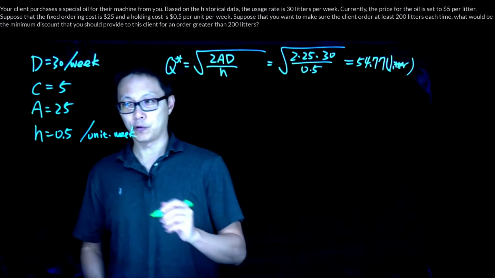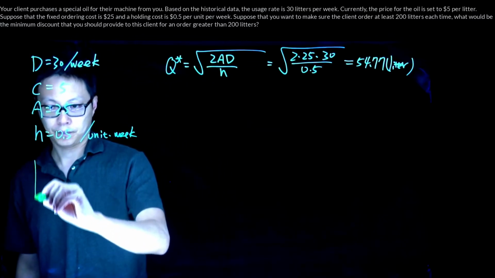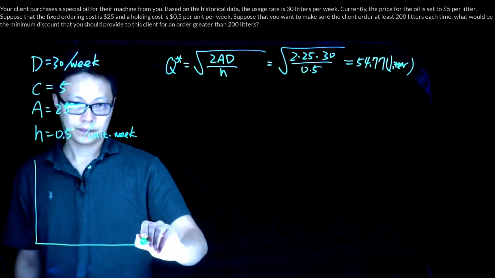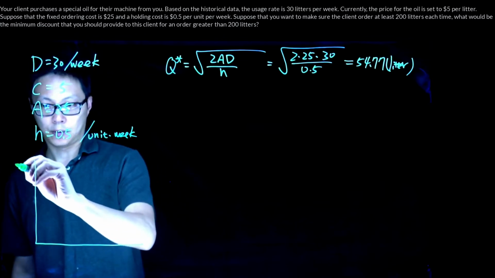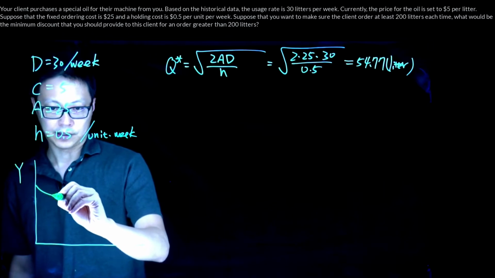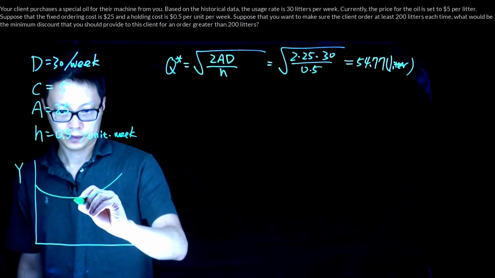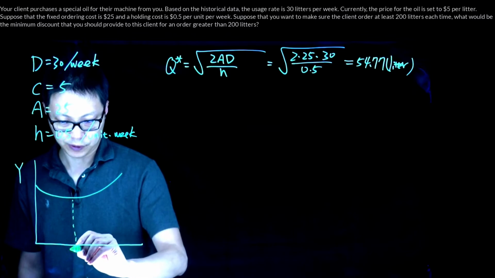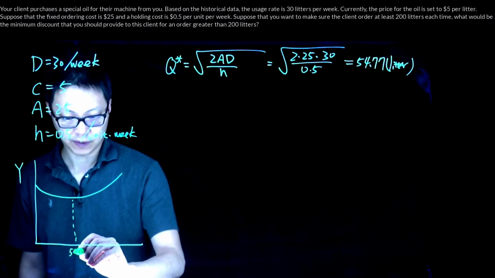And if you remember the graph, this is the Y. This is the line without discount, and we know this is 54.77.